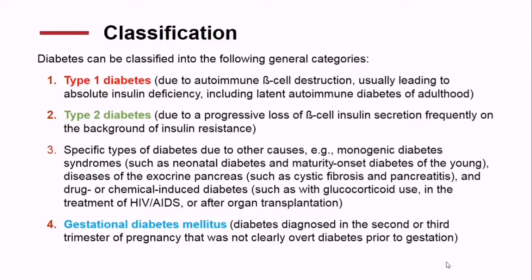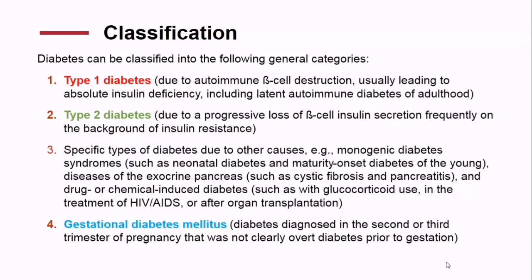Many of you might have observed that during the COVID period, many people used steroids, and ultimately they landed up with diabetes in spite of their COVID cure. Also, some drugs used in HIV/AIDS treatment can lead to diabetes, and diabetes can also be an adverse effect of some drugs used after organ transplantation.